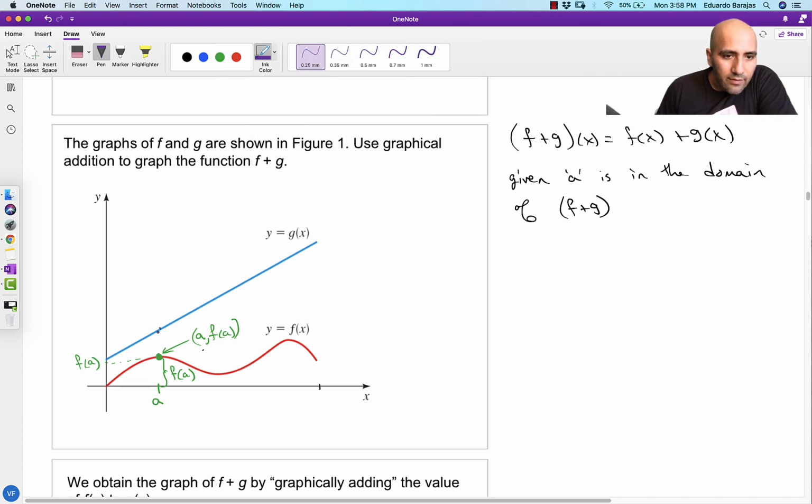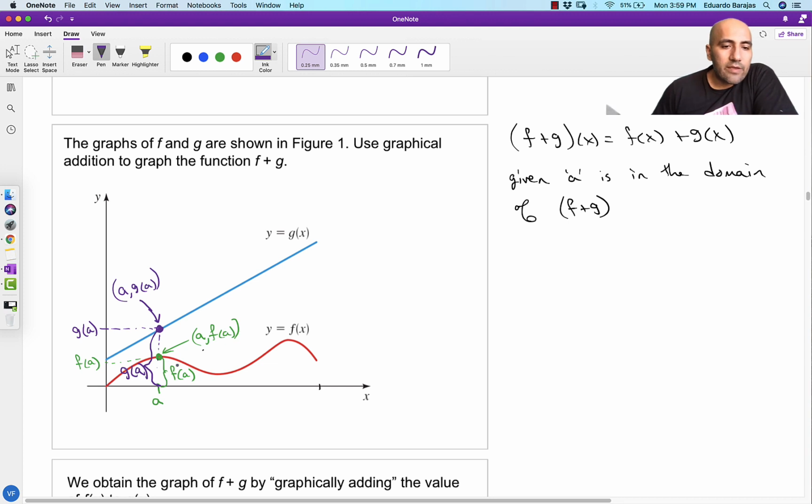We can have another point right over there. This one would be the ordered pair a comma g of a. And its height from there all the way down to here would be the height g of a, which would track all the way there to some g of a.